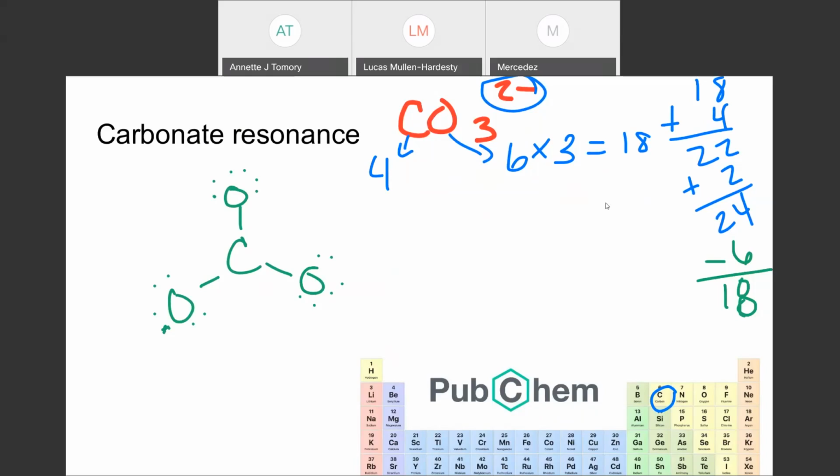Is oxygen a full octet? Yes. Is carbon a full octet? No. How many electrons does carbon have right now? 6. Mercedes, do you see how carbon only has 6 here?